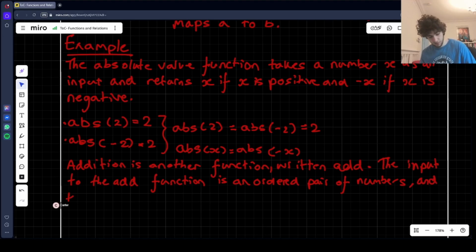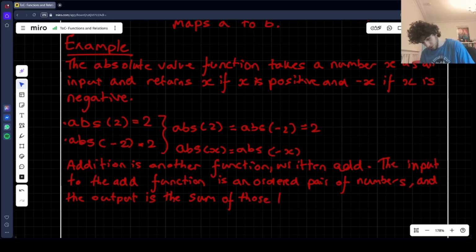We're not worried too much about the rules behind that, just that if we know how to add numbers together, then the output is the sum of those two numbers. The reason the input is an ordered pair is that we need two numbers to be able to add them together. So addition at any one point in time is just a function that acts on two numbers.